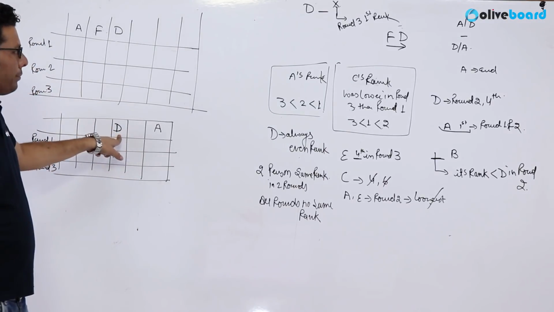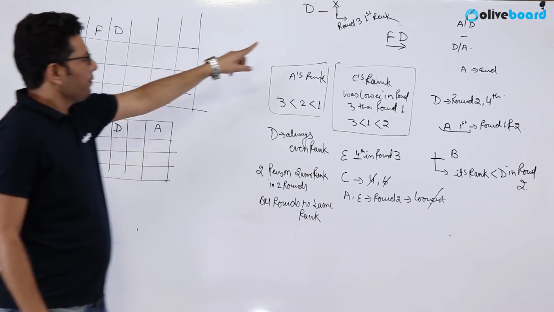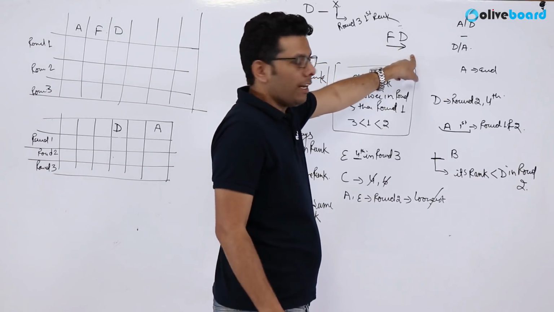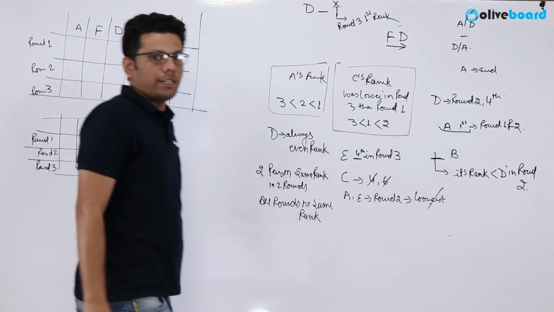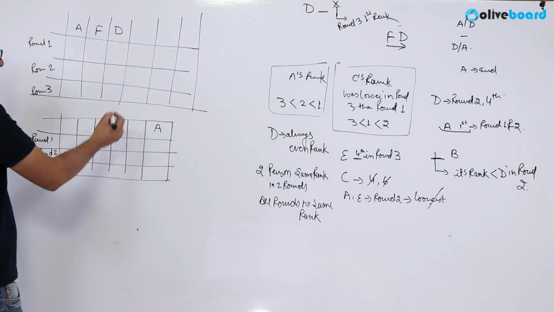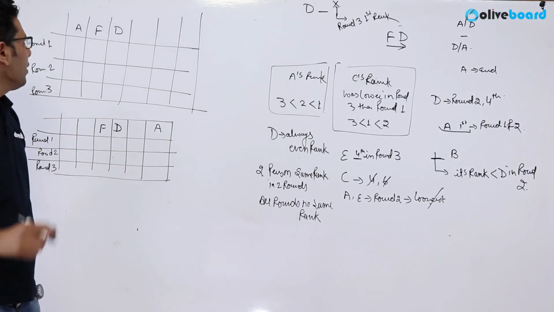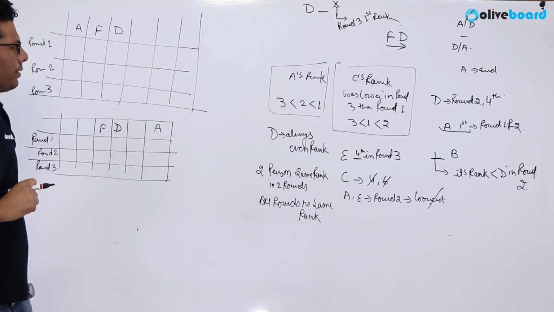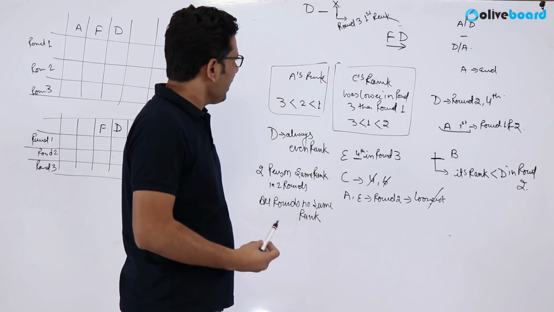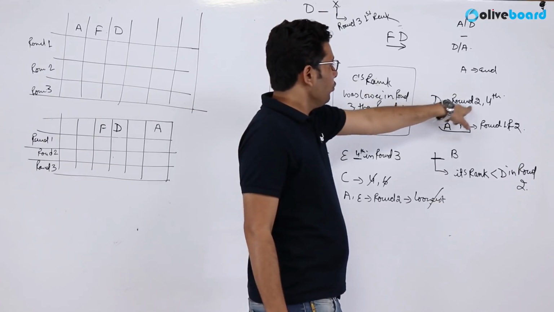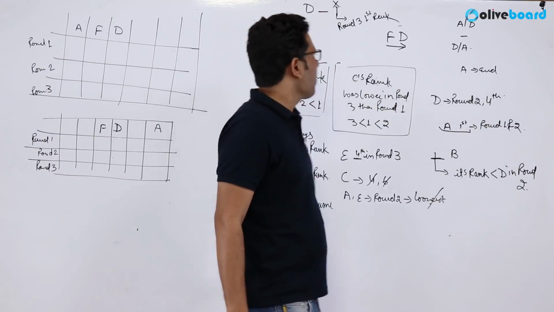And for F and D, there is a data that F is the immediate left of D, or D is the immediate right of F. So it would be your arrangement. Now they have given a point that D's round 2 rank is the 4th rank.